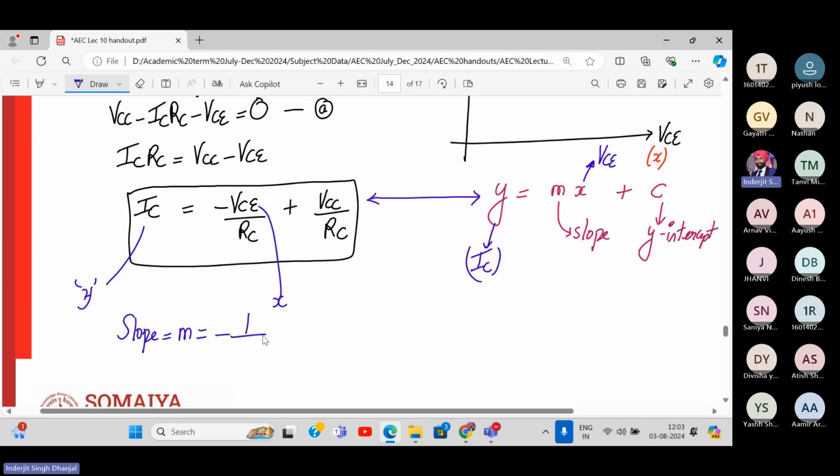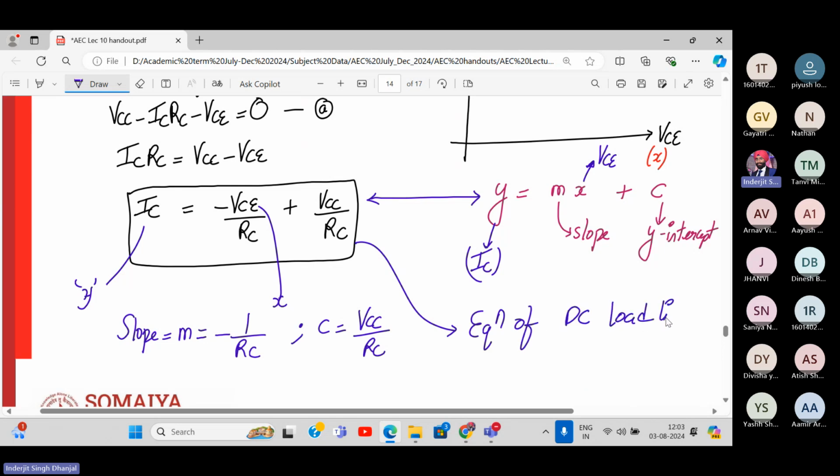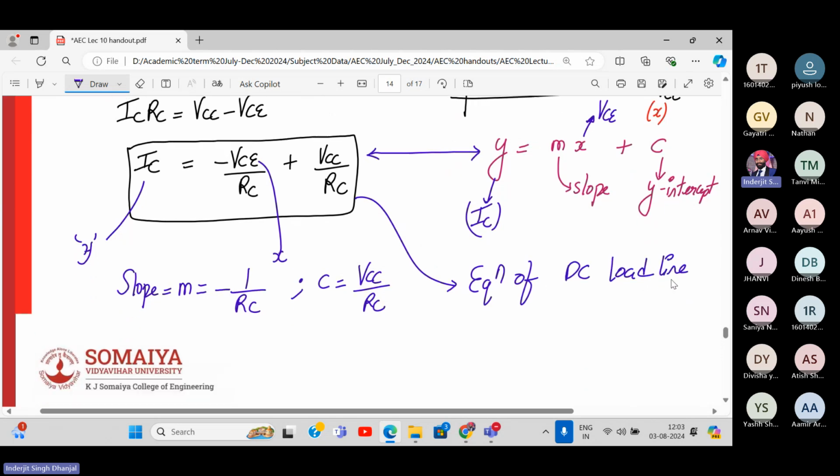Slope m is minus 1 upon RC. And what is y-intercept c? VCC upon RC. Can you correlate these two now? y is equal to mx plus c. So basically this is the equation of the DC load line. Now we got the expression of a DC load line.